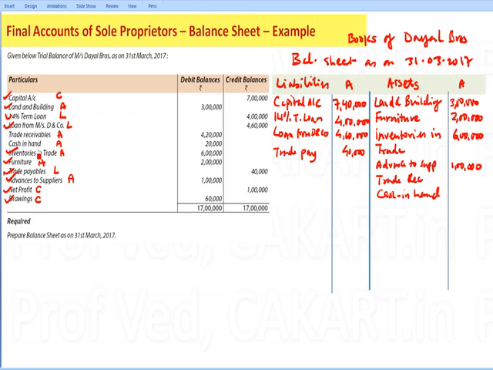Trade receivables 4 lakh 20,000, and cash in hand 20,000. Okay, so all taken care of from the trial balance. Great stuff.